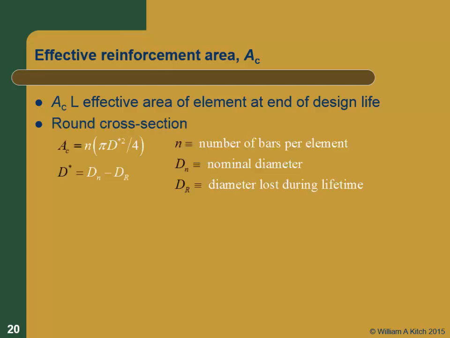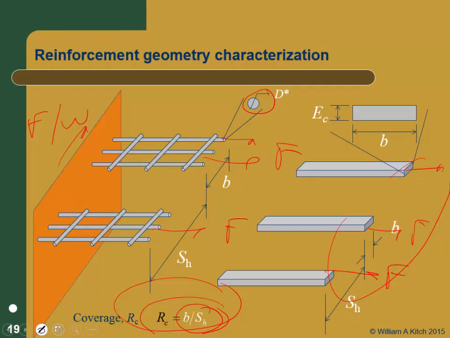So if you have a round cross-sectional area, the effective reinforcement area is going to be the number of bars per element times the area of each bar. Let me go back to this previous one. In this example, N is equal to 3.